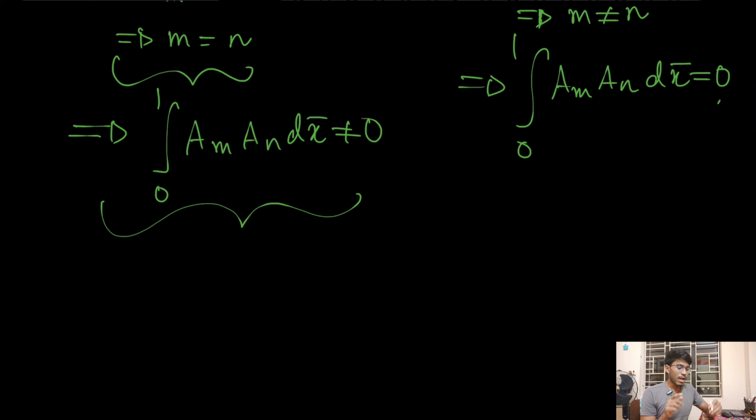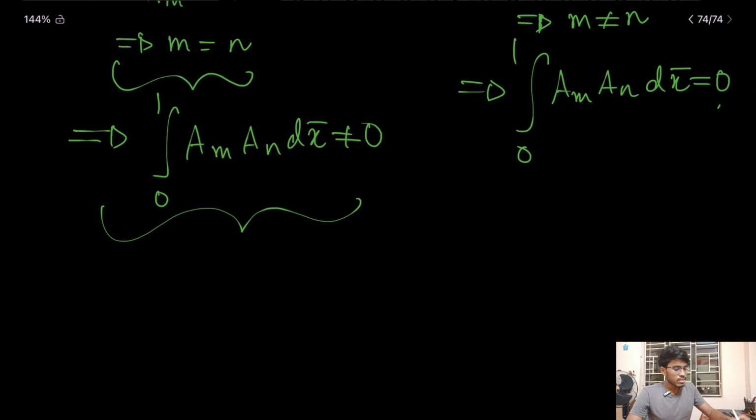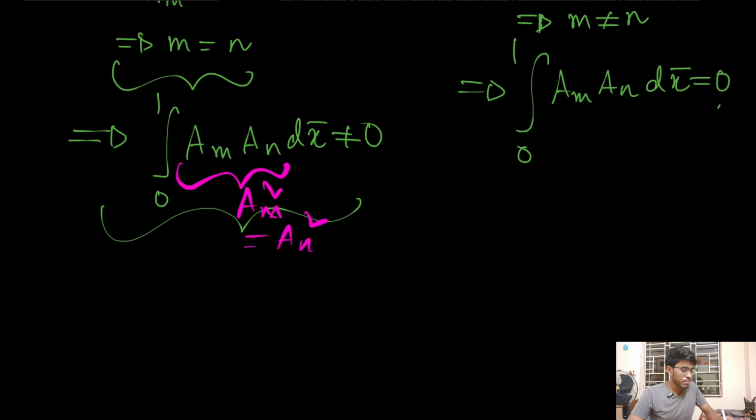Similarly, if I am having a_m into a_n, that is m equal to n, then I will be having a non-zero value. So this is actually equal to a_m square, equal to a_n square, because m equal to n. But the moment I am having m not equal to n, it has the same significance, that is i not equal to j.